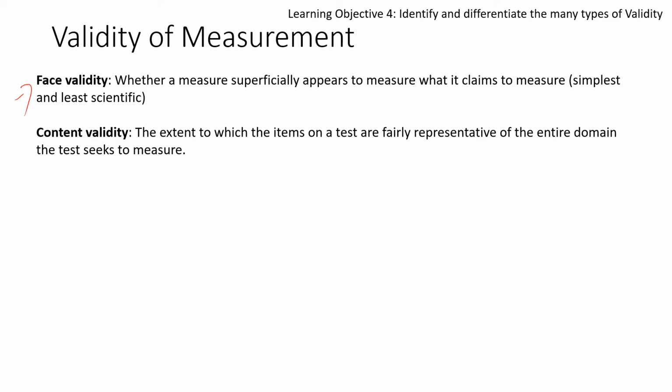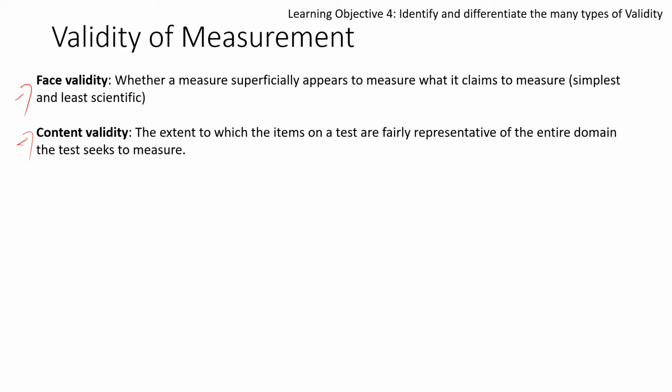And then content validity, the next one, is the extent to which the items on a test are fairly representative of the entire domain the test seeks to measure. So again, this is subjective, so it's not fully scientific, but let's say we're trying to measure depression, and we know that there's different types of depression. We need to make sure that we've got questions that are testing all the different types of depression if we're testing depression in general and not one specific type.